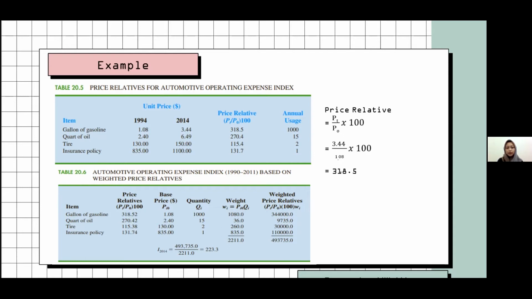The index number 223.3 represents a 123.3% increase in automotive operating expense.